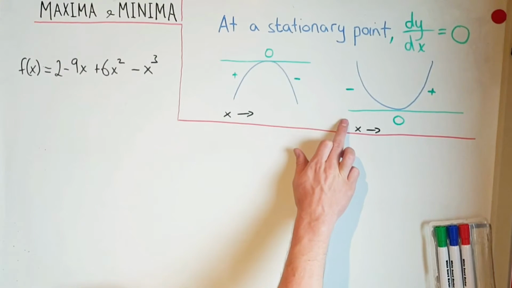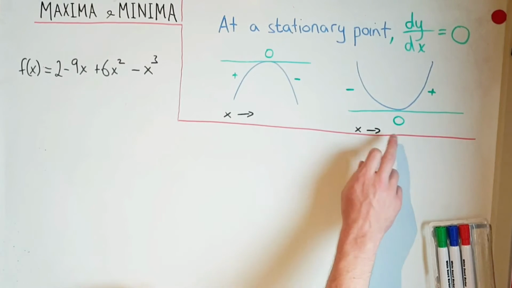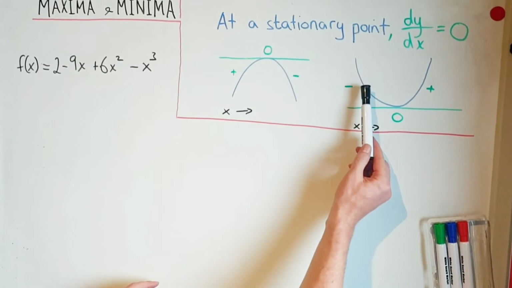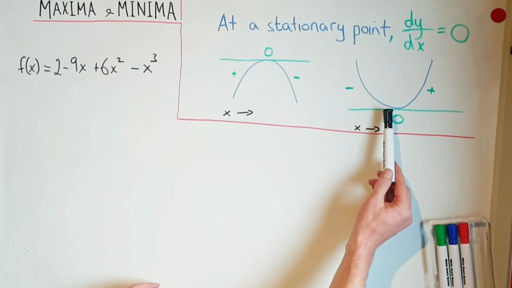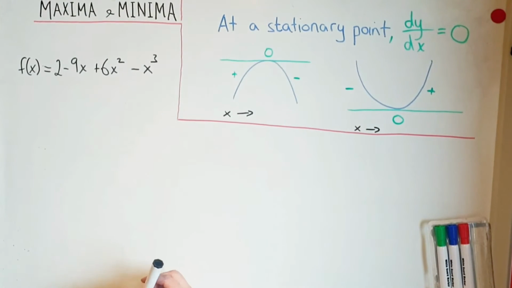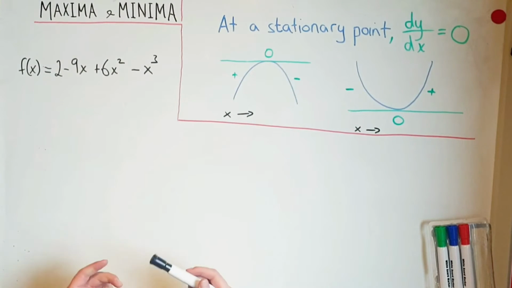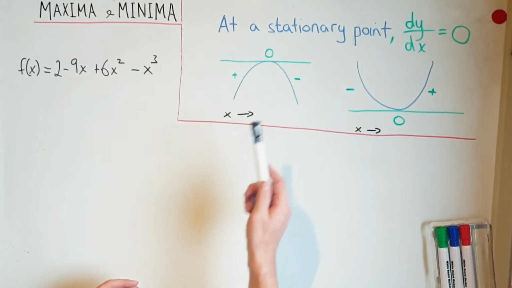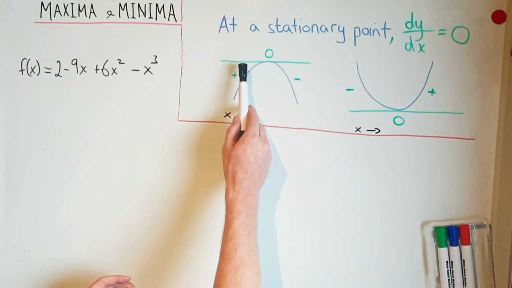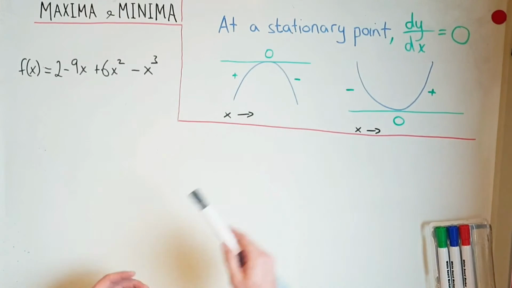Then we have the total opposite here, where we have once again our x increasing left to right, but then we have another f of x that's decreasing, and then it hits a turning point, a local minimum, and then it starts to rise again. But without this graphical representation, you could say, well, how would we know the nature of this function, because we know that the derivative of the two functions is the same when we're looking at the turning points.